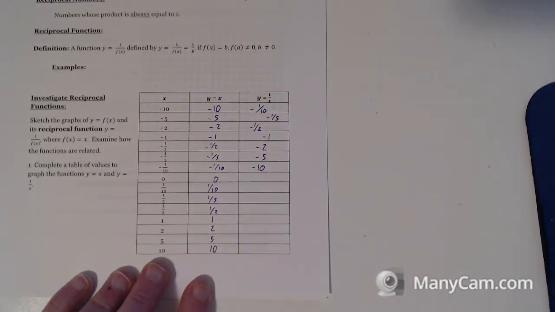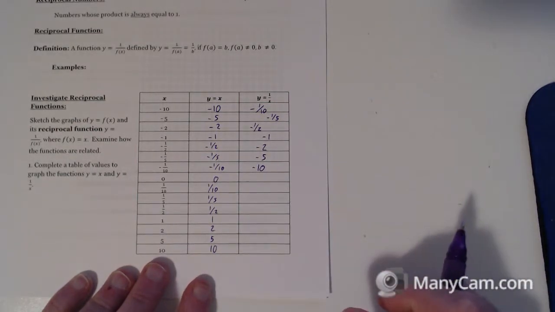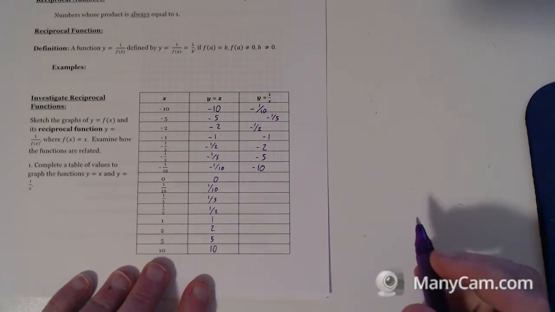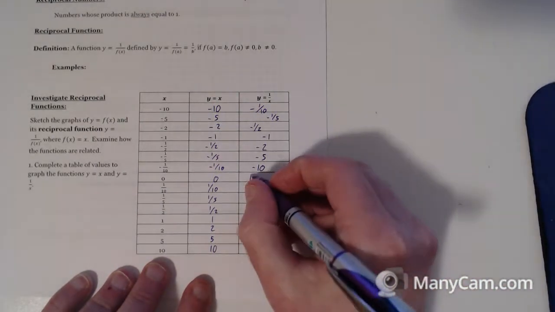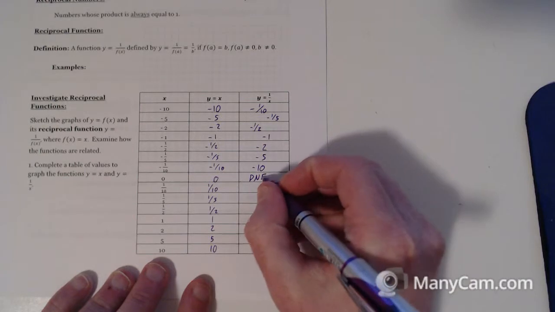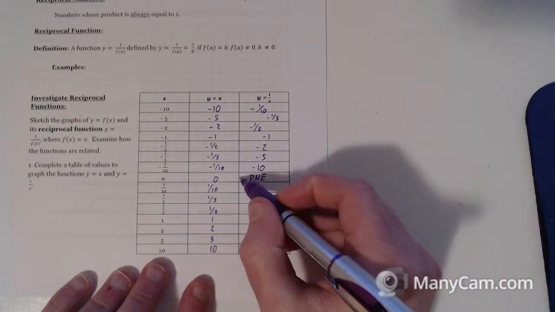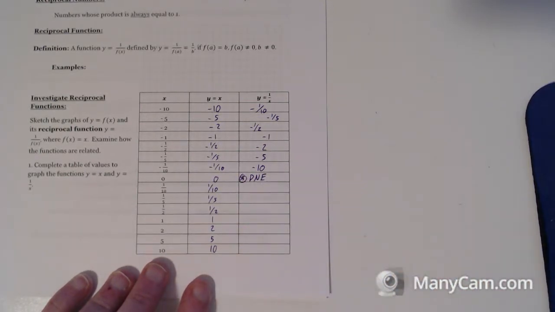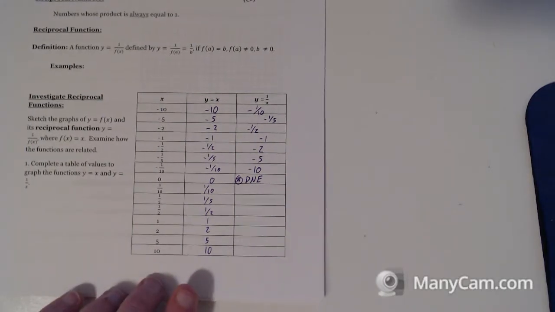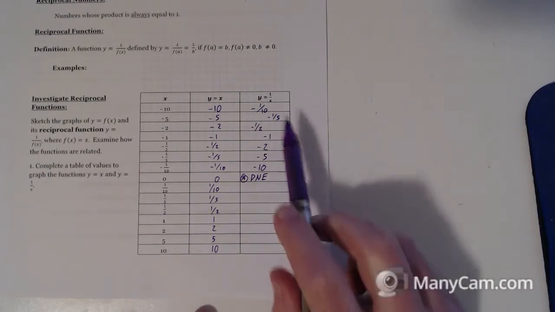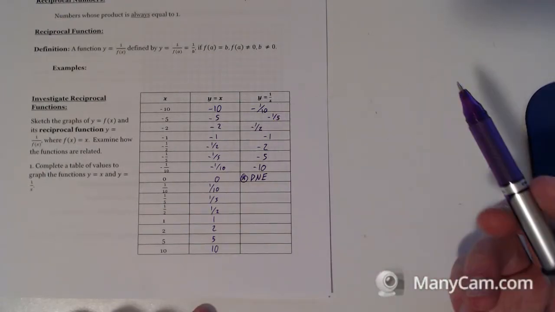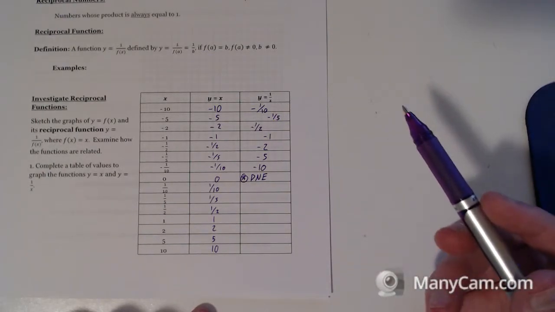And 0, what happens if we do 0? So 1 over 0 is going to be undefined. So we've talked a lot about restrictions this year so far. We did restrictions on radical functions, so the inside of the root cannot be negative numbers. I think we did a bit of you cannot divide by 0 in our last unit.